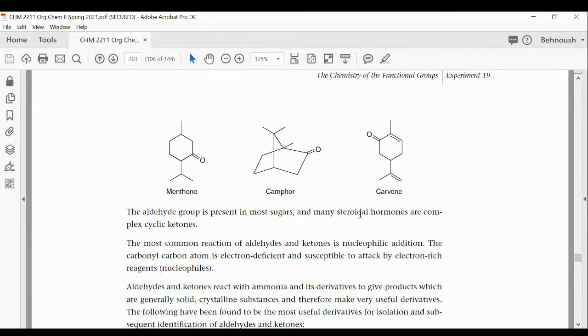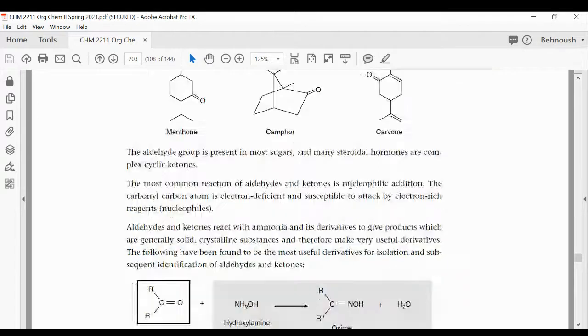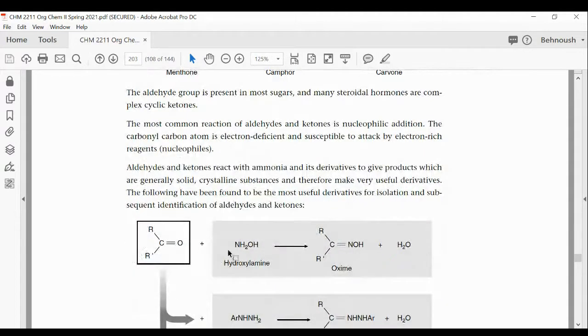When you have a ketone, that means 2 R groups attached, one on each side of the carbonyl group, and they are not methyl groups. But if it's a methyl ketone, one of the R groups is going to be a methyl, CH3, which is unique. And there is one unique test, called the iodoform test, that gives a precipitate for methyl ketone.